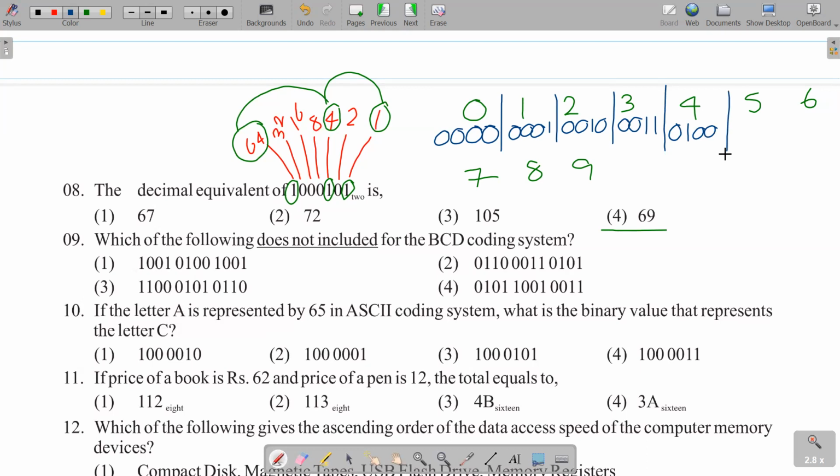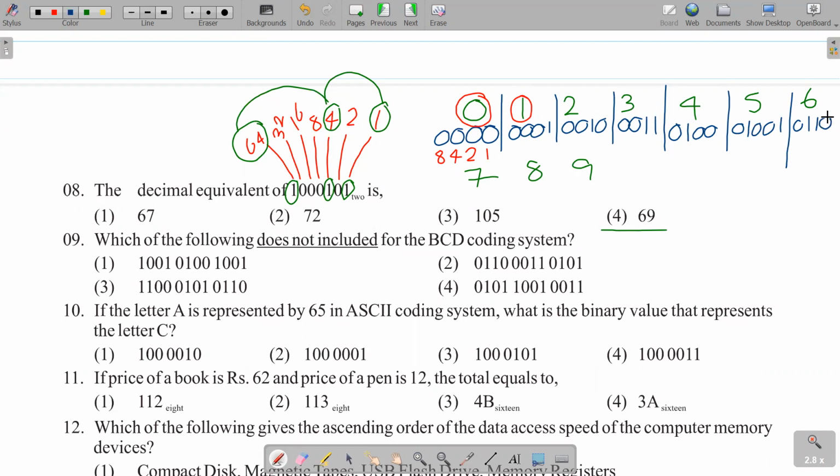So the simple way that you can determine this is to look into the place values 1, 2, 4, and 8. Those place values will give you the value. Either you can memorize these things or you can have it in your mind with the logic.